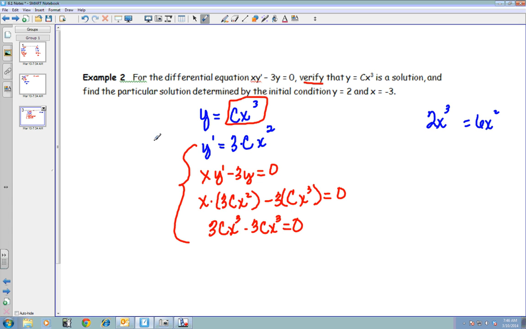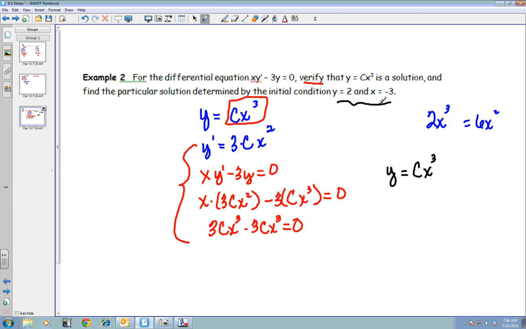And then it says find the particular solution determined by the initial condition y equals 2 and x equals negative 3. So here's the second part of this problem, I know that y equals cx cubed. Well, we know from past problems that when it says find the particular solution given this initial condition, they want us to solve for c. And our answer should always be y equals something.